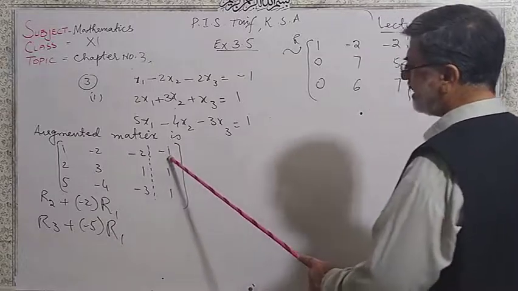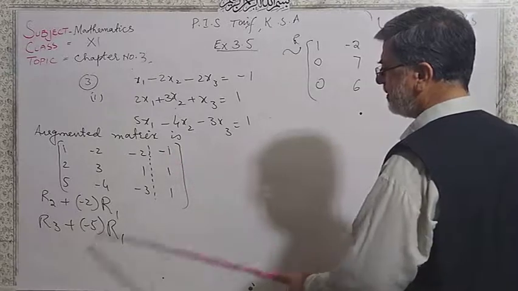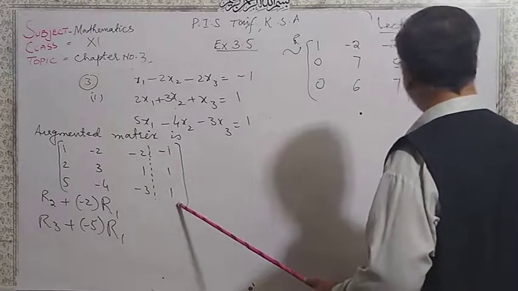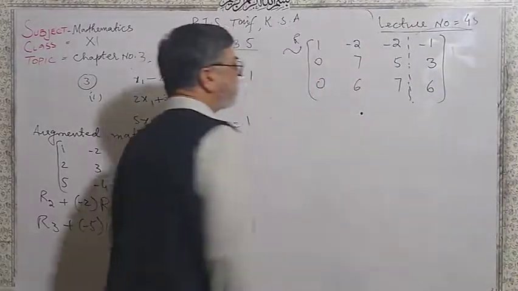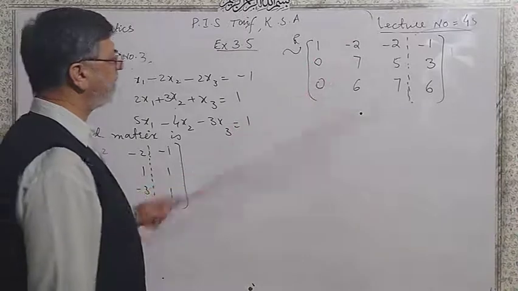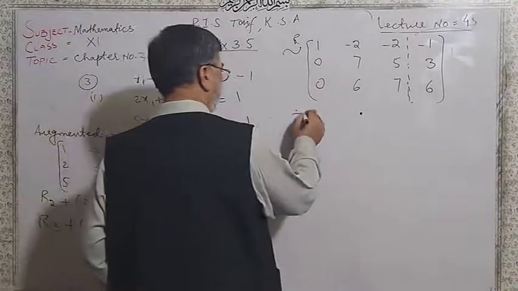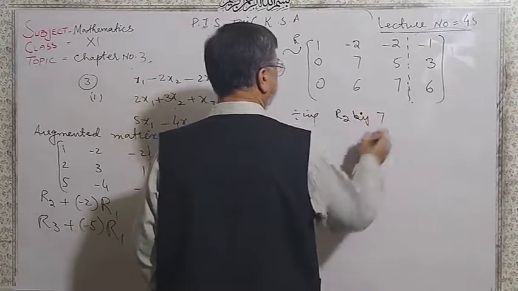This is multiplied by minus 5, that will become plus 5, then added here, it will become 6. Remember that here is 7. You have to make one here, dividing R2 by 7.